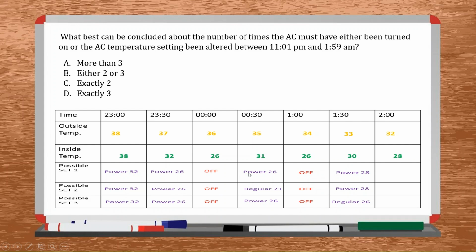Then at 12:30, we switched it from off to on for either power 26 or regular 21 mode, so that's the count 2. And at 1:30, we again turned it from off to a certain value, so that is the count 3. So this has been done exactly 3 times, at 11:30, 12:30 and 1:30. So the answer is option D.